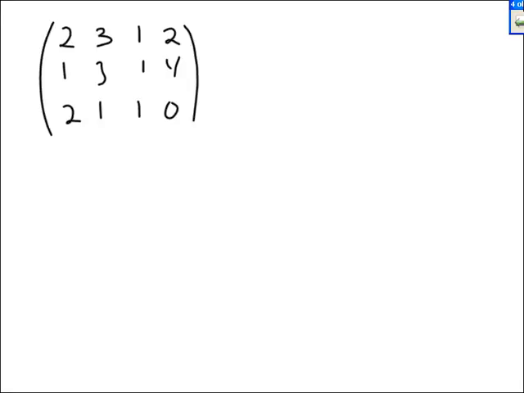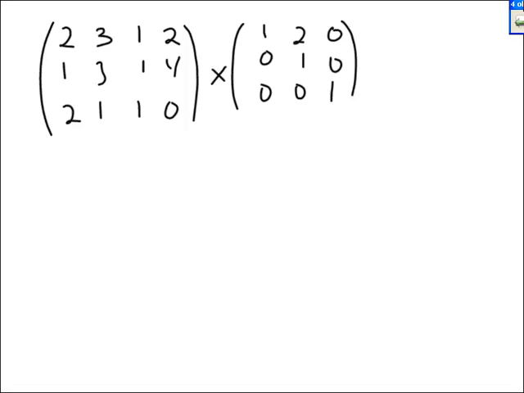For example, if you have 2, 3, 1; 2, 1, 3; 1, 4, 2; 1, 1, 0, and you want to multiply this with 1, 0, 0; 2, 1, 0; 0, 0, 1.